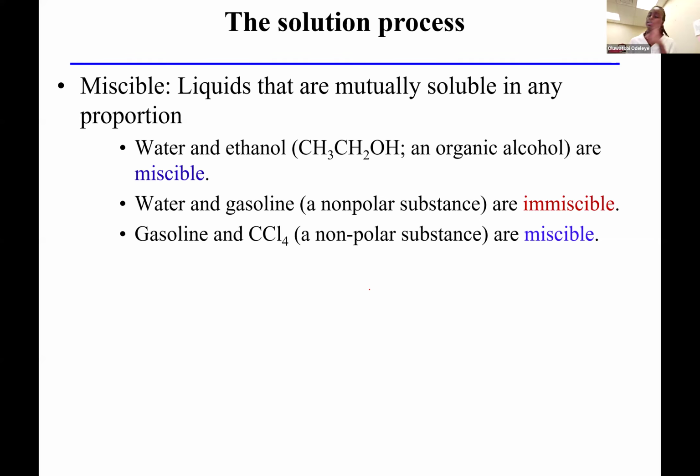Water is polar, gasoline is nonpolar. Gasoline and CCl4, a nonpolar substance, will mix, and they're miscible because they're both nonpolar. Here one is polar, one is nonpolar. Here they're both polar, and so they mix. Okay, so like substances are miscible, they will mix. Different unlike substances will not mix, and they're termed immiscible.